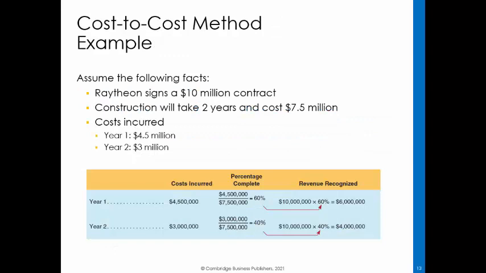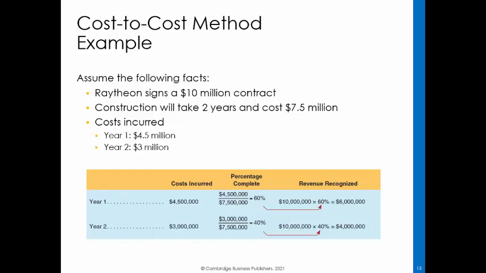To illustrate accounting for long-term contracts using the cost-to-cost approach, assume that Raytheon signs a $10 million contract to develop a prototype for a defense system. It is estimated that the construction will take 2 years and cost $7.5 million. The contract yields an expected gross profit of $2.5 million.